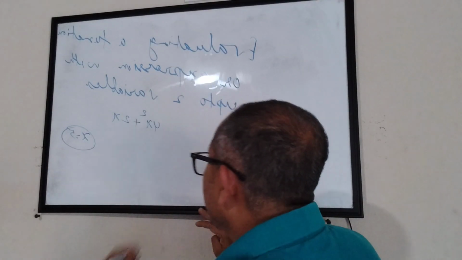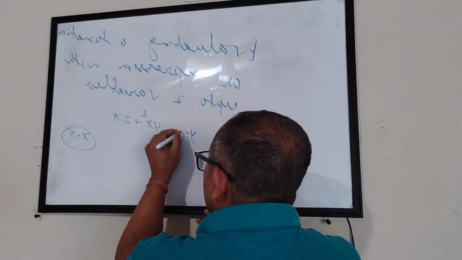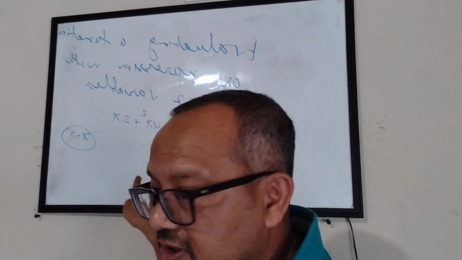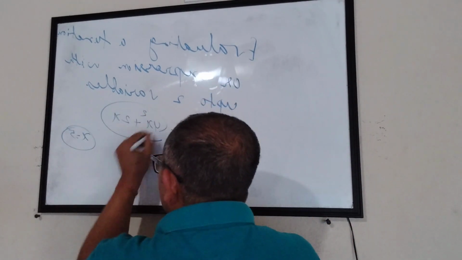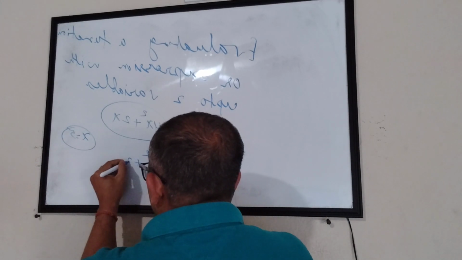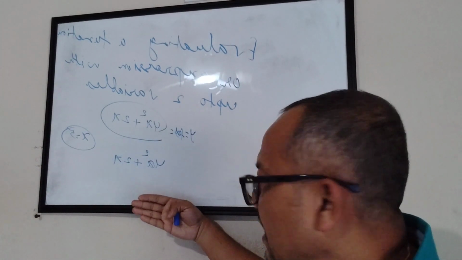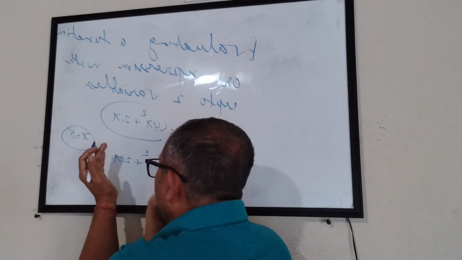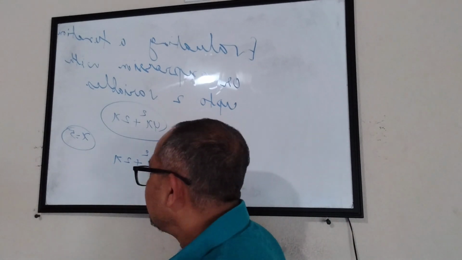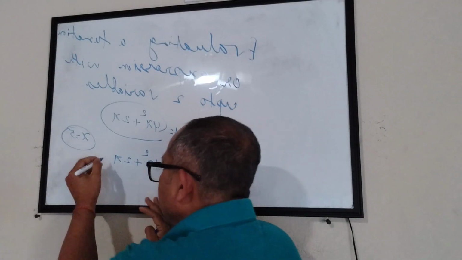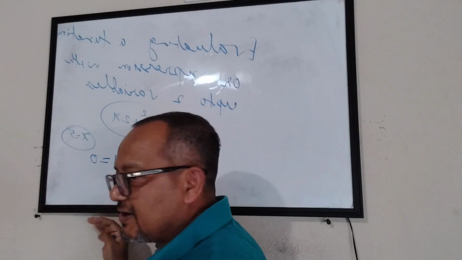If I have a function like this, then it's input output. If I have just an expression like this, there is no input output. We are just saying find out what is the value of this if x equals 5. So there is no output. Output is when you have equal to. There is no equal to here.